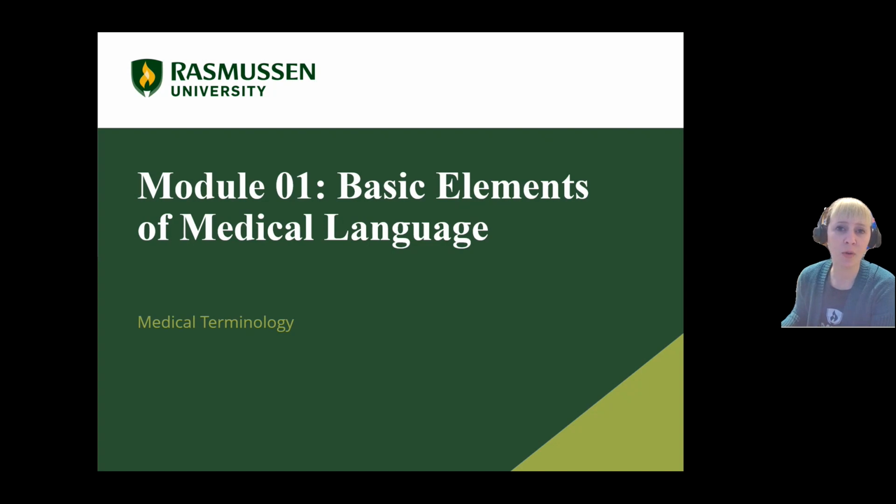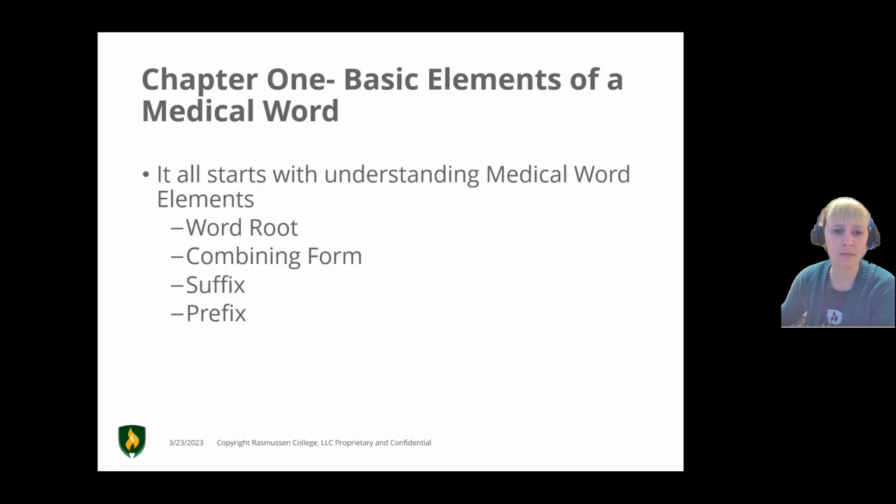The first one, Chapter 1, that we're going to start with is going to give you the kind of basic elements. And talking about basic elements, we're talking about things like a prefix, a suffix, a word root, and a combining form. The language of medicine is really a very specialized vocabulary, and it's really only used by healthcare professionals.